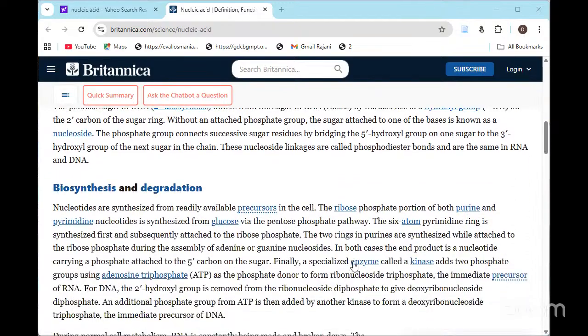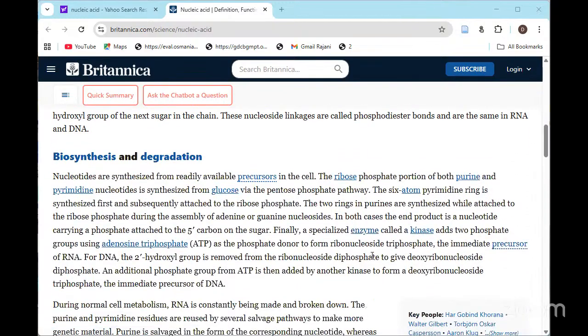In biosynthesis, nucleotides are synthesized from readily available precursors in the cell. The ribose phosphate portion of both purine and pyrimidine nucleotides is synthesized from glucose via the pentose phosphate pathway.